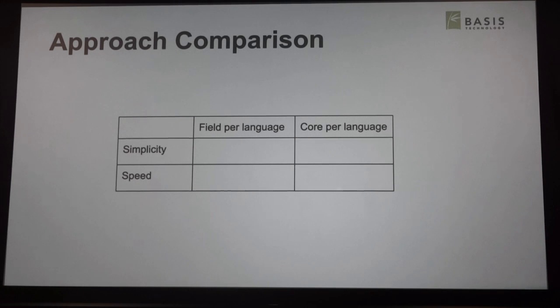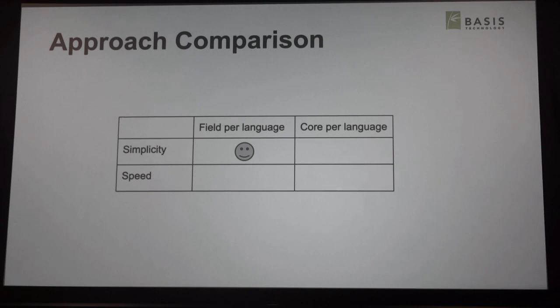OK, so how do these approaches compare? This is a very simple comparison of simplicity and speed. So field per language is by far the simpler approach. If you think about the core per language approach, you have a more difficult backend management because you have multiple cores to deal with.